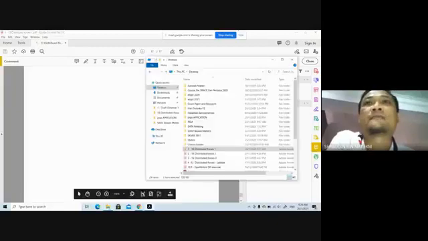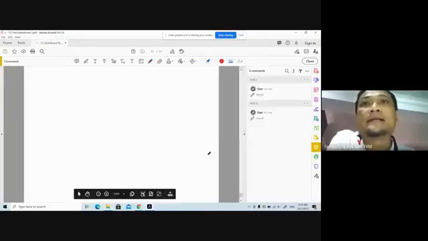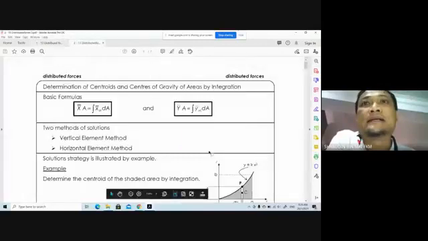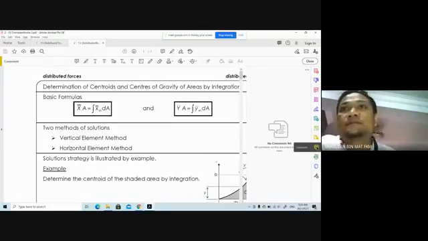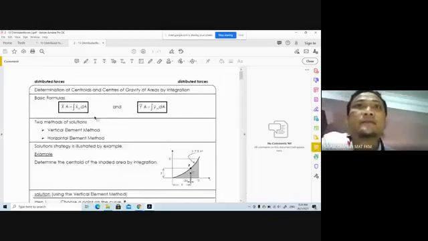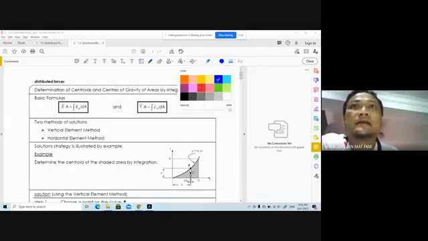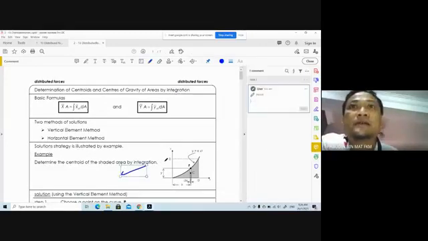So next is the distribution for the centroid. If you want to get the centroid from integration, please read over here.